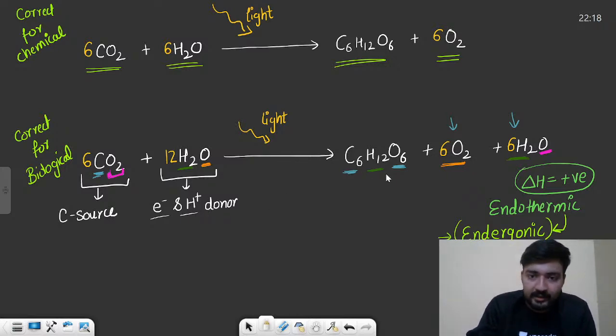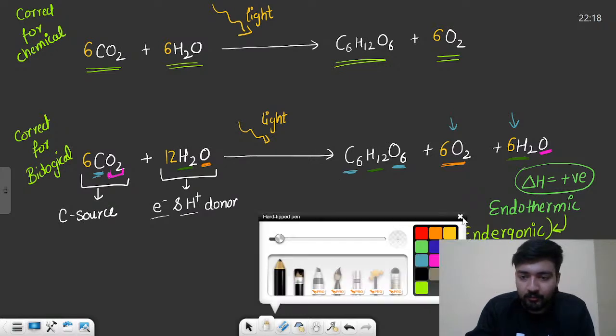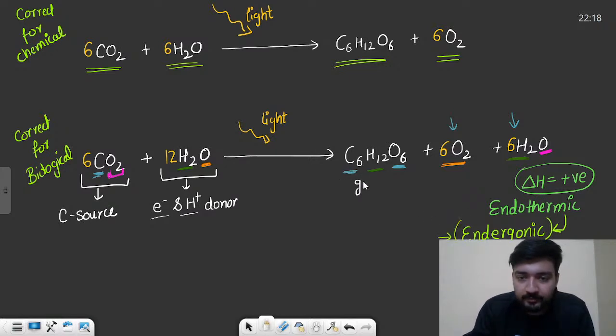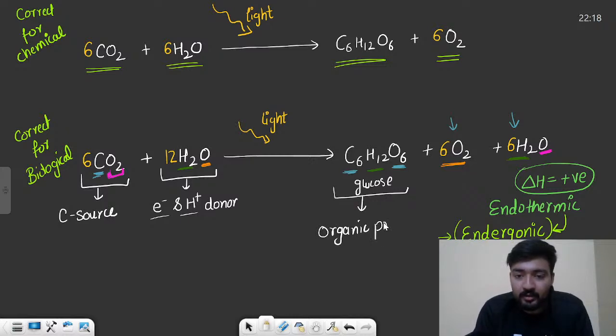Now, this is the main organic product formed. This is glucose, and this is the organic product of photosynthesis. And oxygen is the gaseous product of photosynthesis.